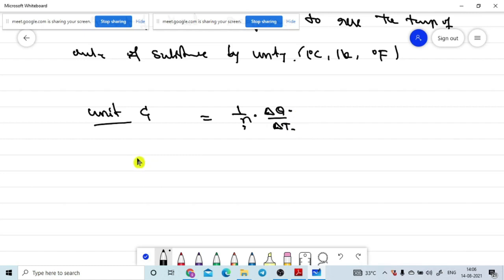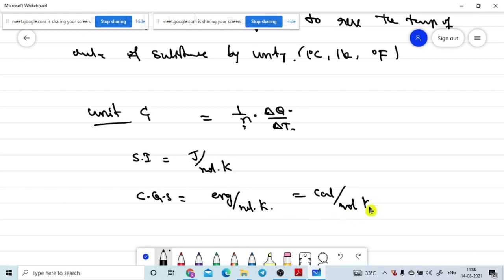So the unit in the SI system is joule per mole Kelvin. In the CGS system it is erg per mole Kelvin, or otherwise calorie per mole per degree Celsius.